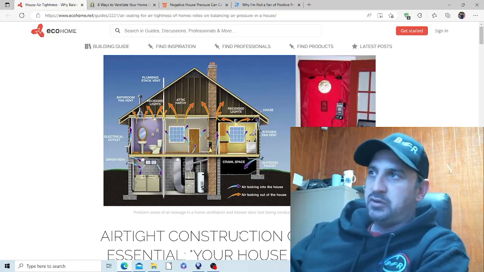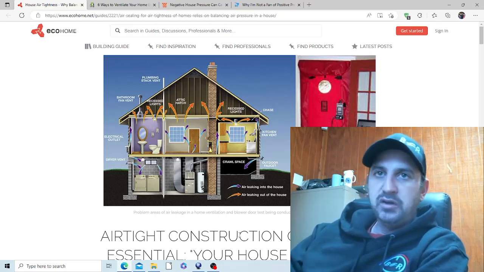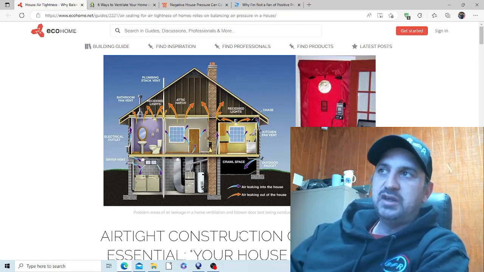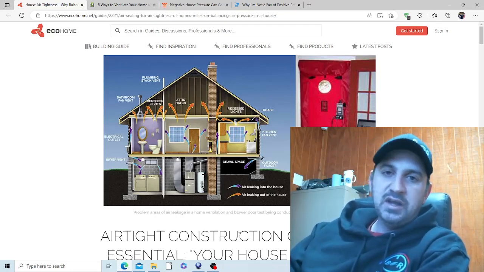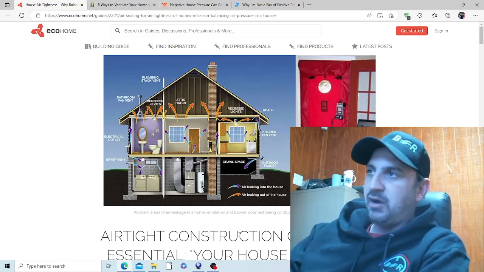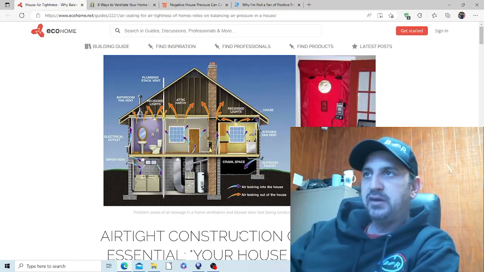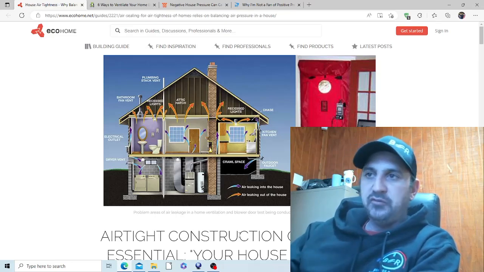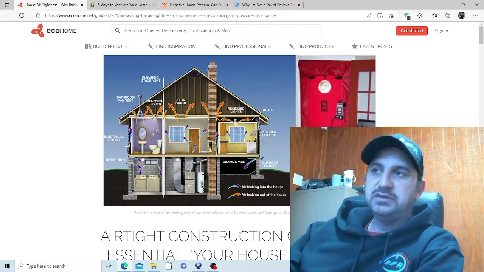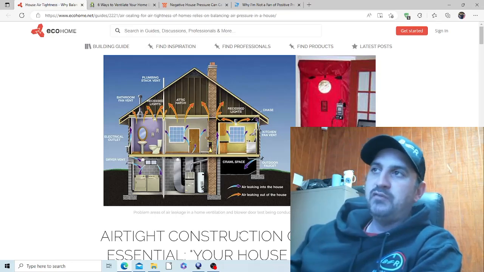Do a blower door test and see where your home is leaking, how much it's leaking, whether you're in negative or positive pressure, all of that good stuff. Then you can start to address those problems from there, consulting us or another HVAC professional or whoever it may be.